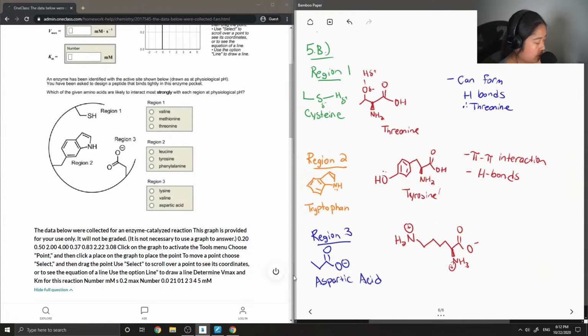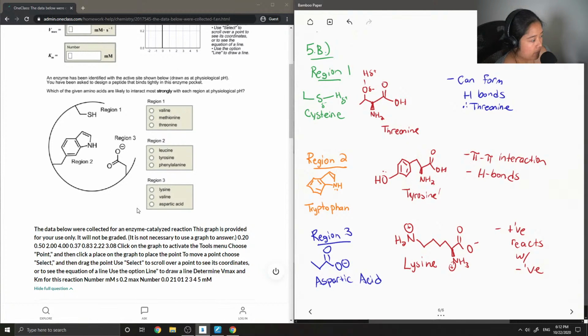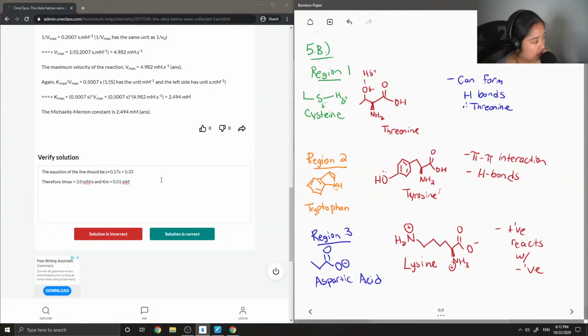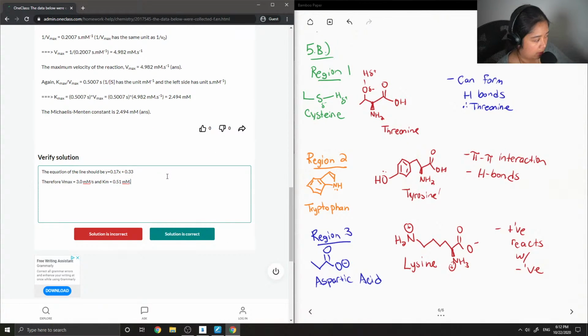This would be positive as well. And then this is lysine. Basically, positive reacts with negative. So I'm also gonna write this down.